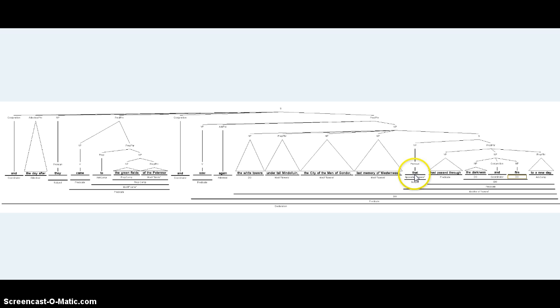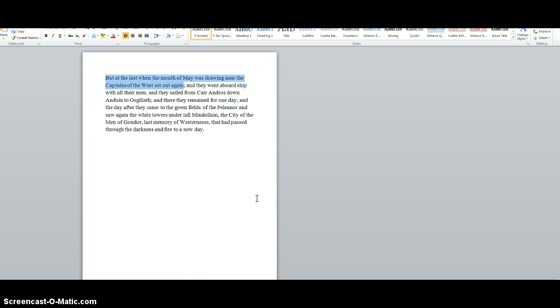So that is in apposition to towers, and the darkness and the fire are what these towers had passed through. So here you have two different noun phrases, two different direct objects, split and coordinated by and, which you don't see too often. And so that is a basic rundown of how to diagram this sentence from Tolkien's Return of the King.